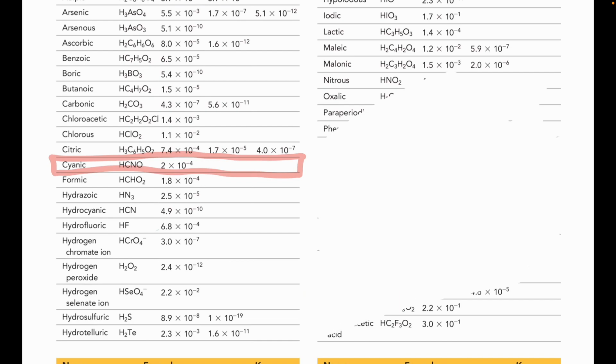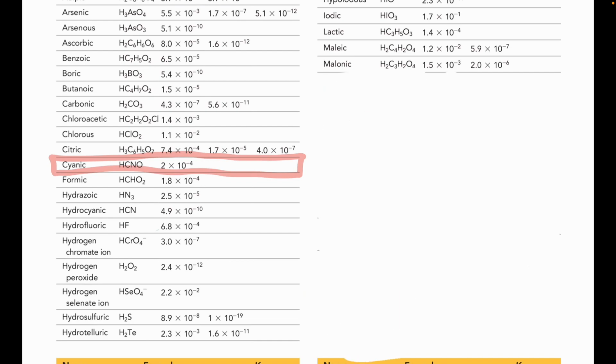Let me just make some room over here. There is a very simple relationship between a base and its conjugate acid's equilibrium constant.